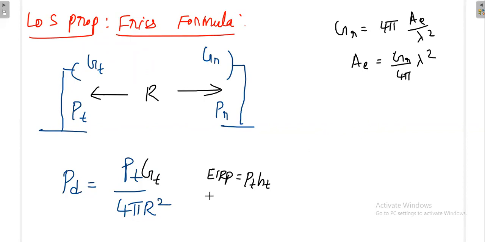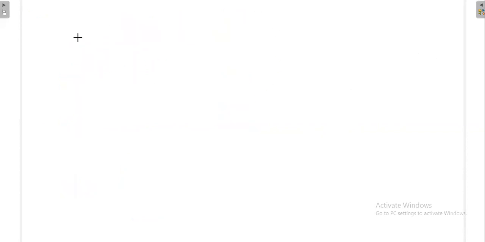So what is the power received at the receiver, PR? PR is equal to the power density at that point times the effective aperture area of the receiving antenna. The power density is PT GT divided by 4 pi r square.